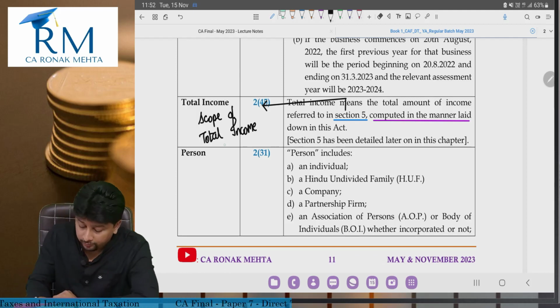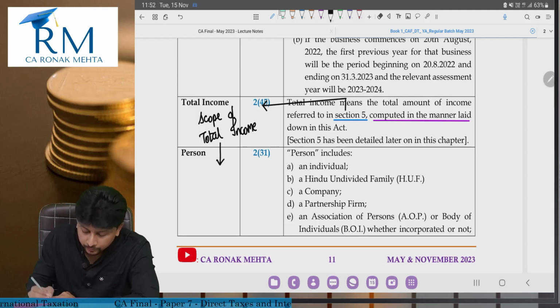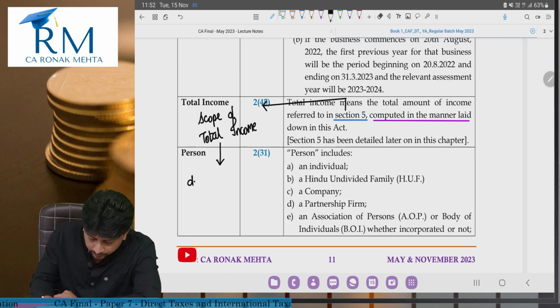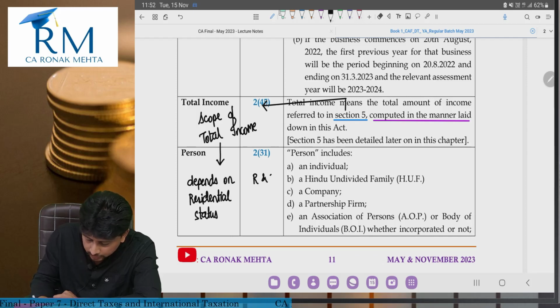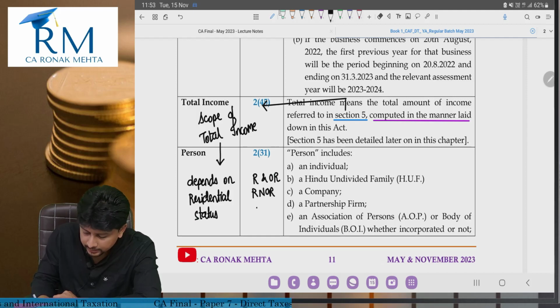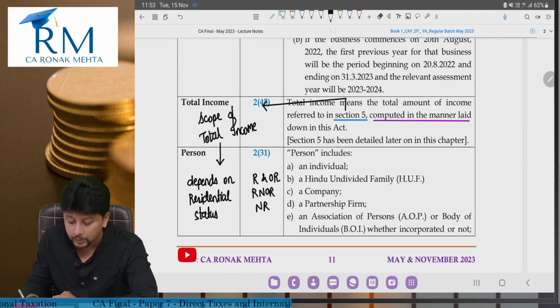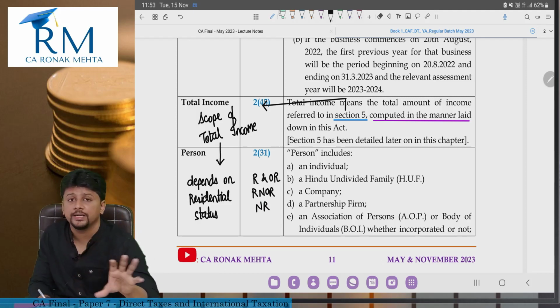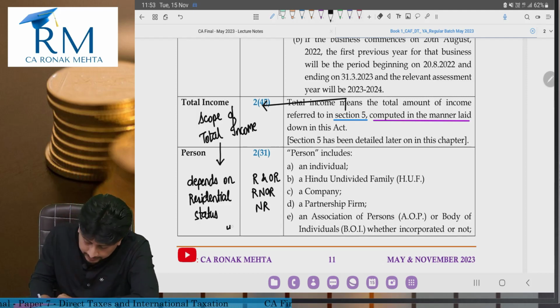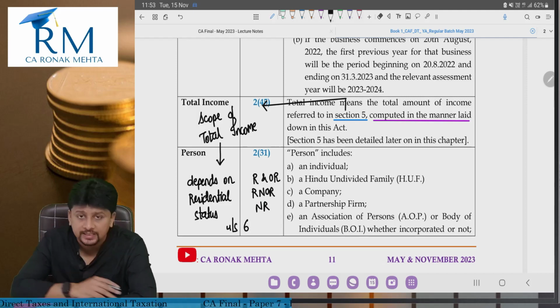And if you remember your CA Inter, scope of total income depends on the residential status. Remember something like resident and ordinarily resident, resident but not ordinarily resident, non-resident. How to decide whether somebody is a resident or non-resident? That was given to us by section 6.